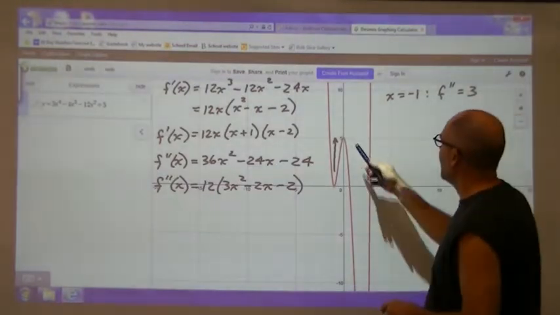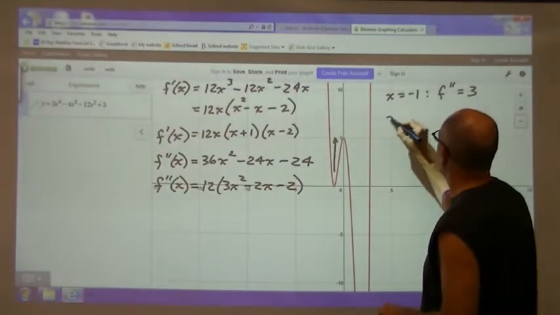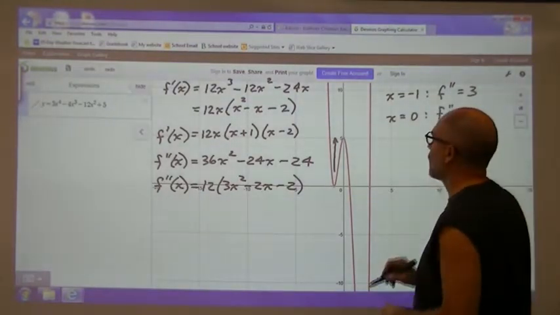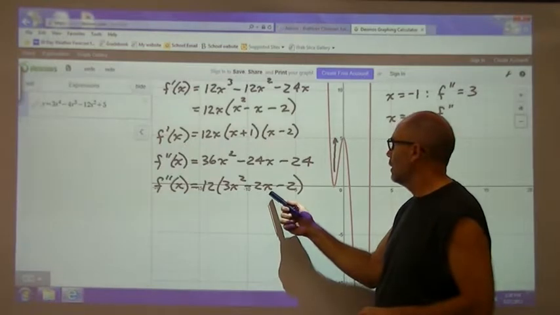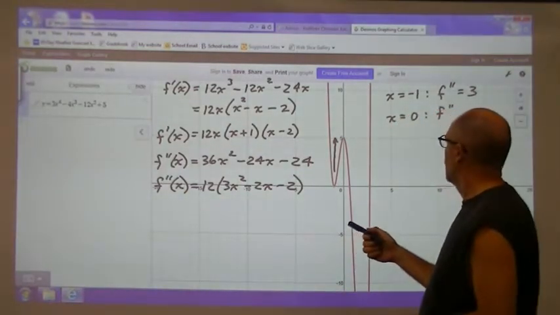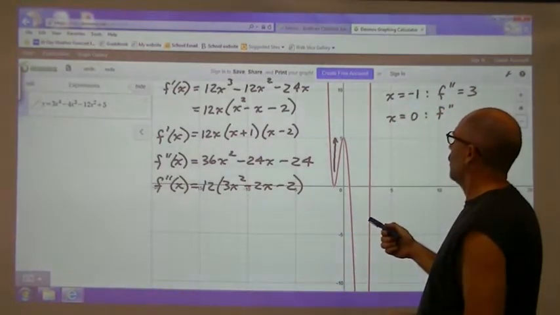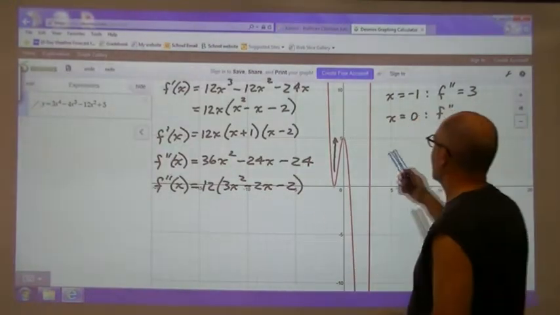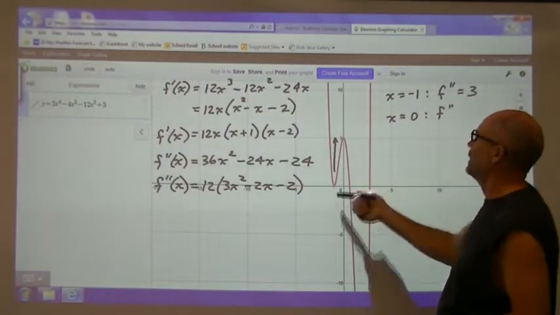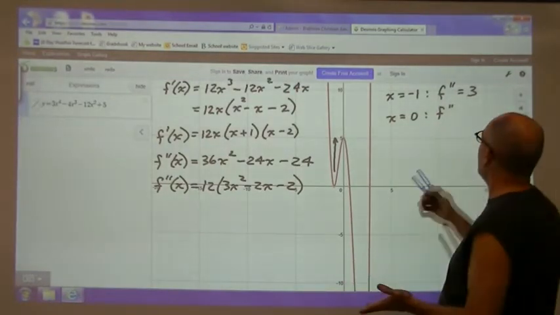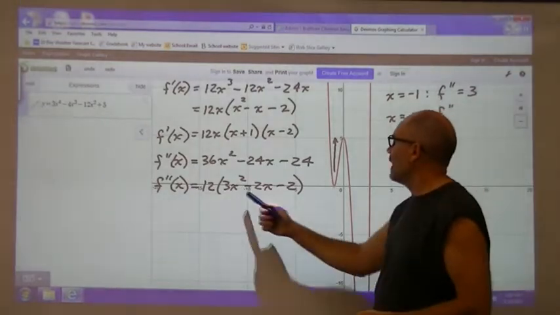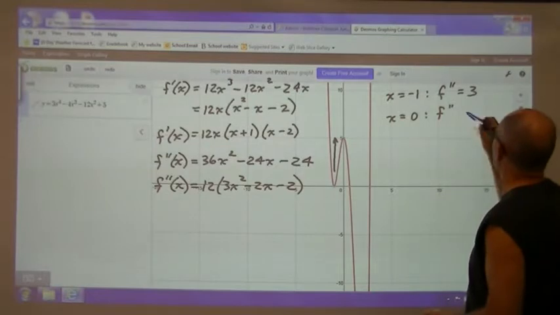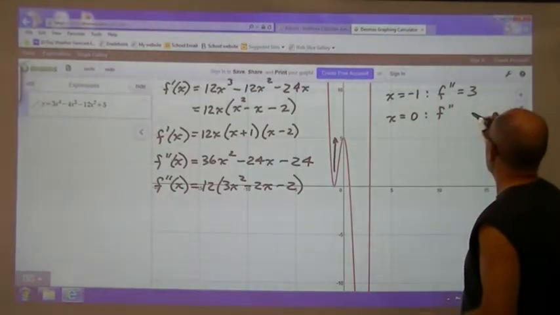Now, let's take x equals 0. At x equals 0, f double prime is going to equal, oh, I forgot to multiply by 12. Technically it's 12 times 3 is 36, but it's still positive, so we don't care. Now, when x is 0, I've got negative 2 times 12 is negative 24, so f double prime equals negative 24.